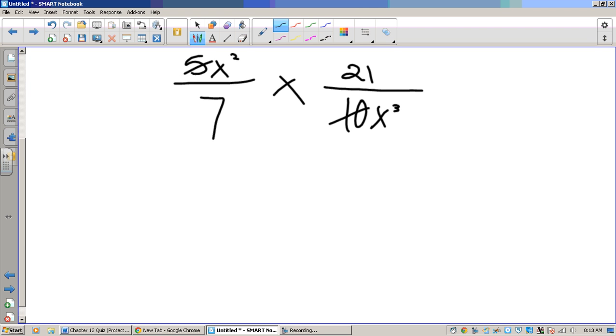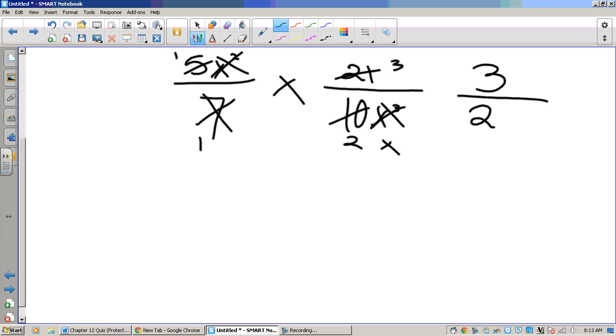They both have a factor of 5, so this would be 1, this would be 2. 7 goes into 21 3 times. X to the third and x to the second just becomes x to the first down here. So now I'm simplified. Now I've got 3 over 2x.